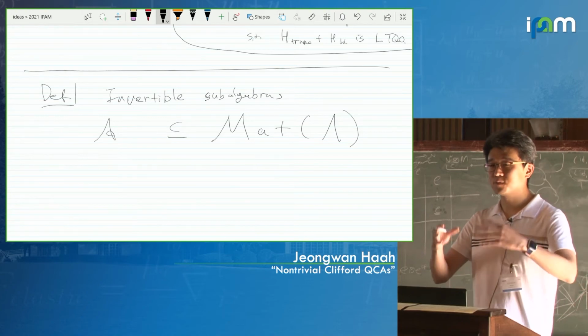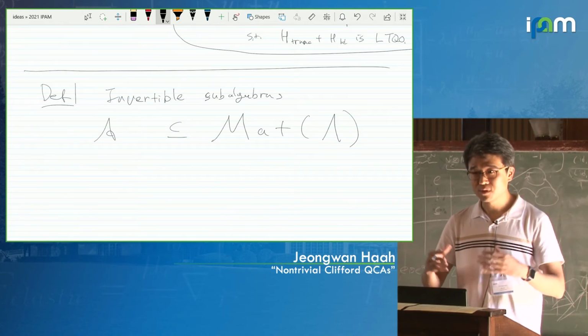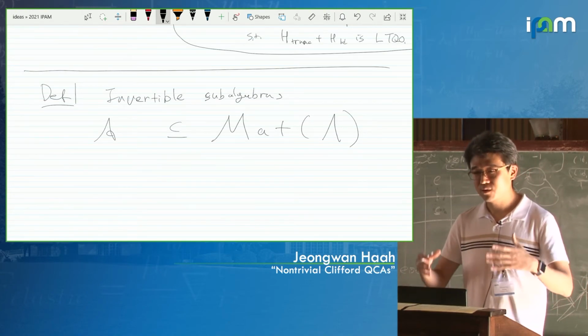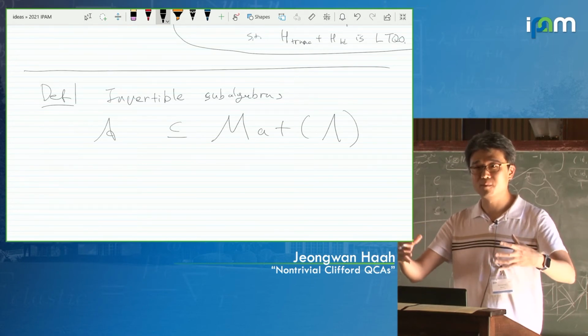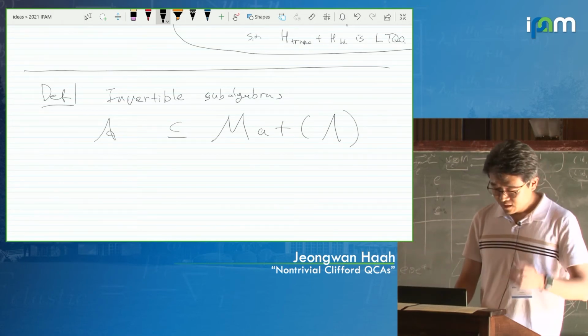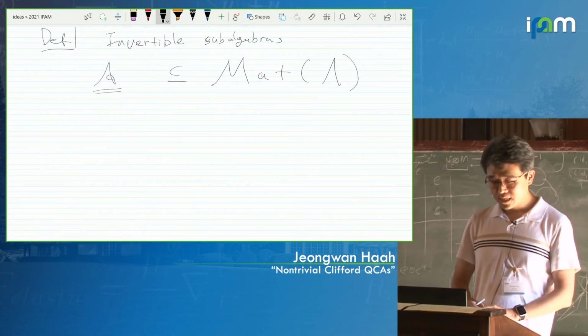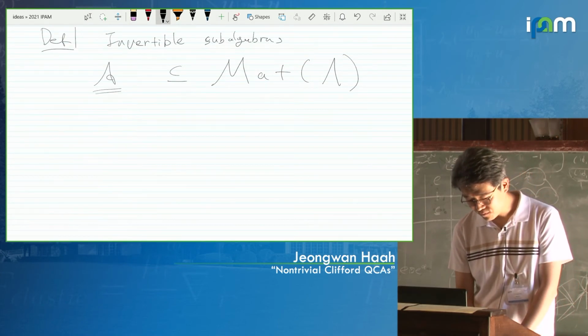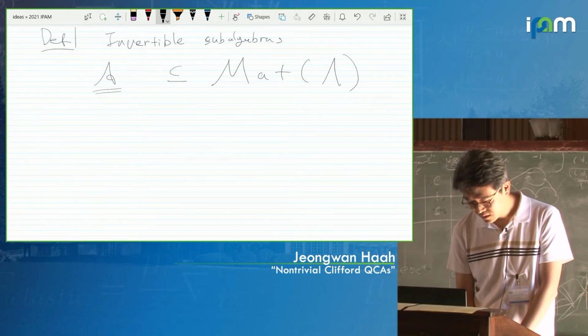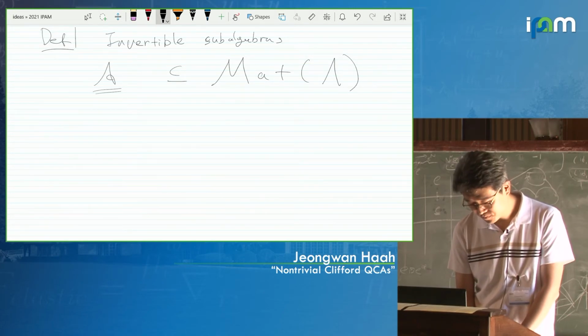Your lattice consists of spins, and the operator algebra is constructed in the usual way. You take a tensor product of finite regions and take a limit. And I consider a subalgebra inside it. And I call it invertible if the following is true.